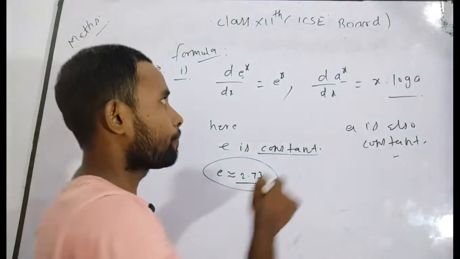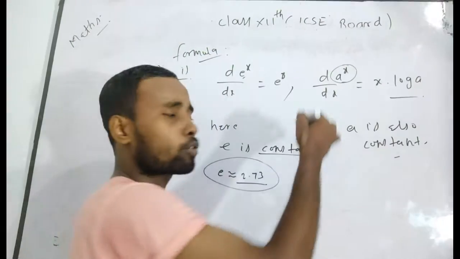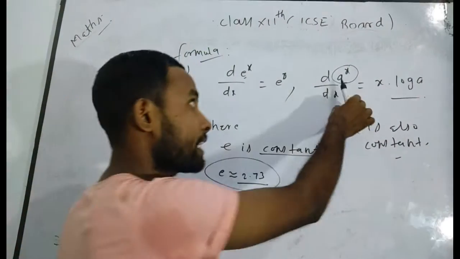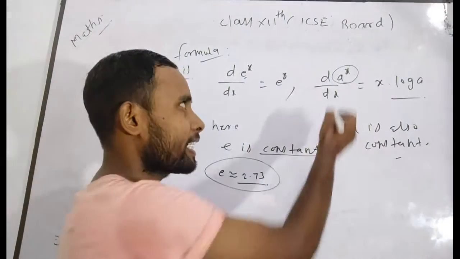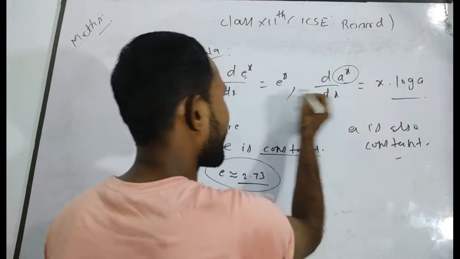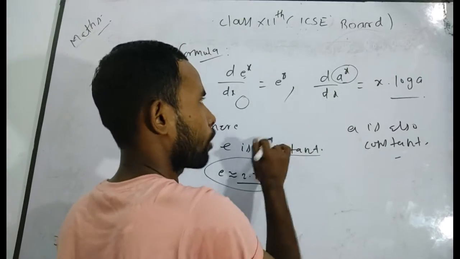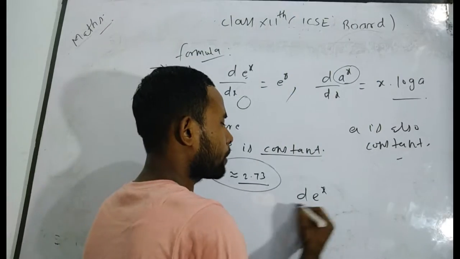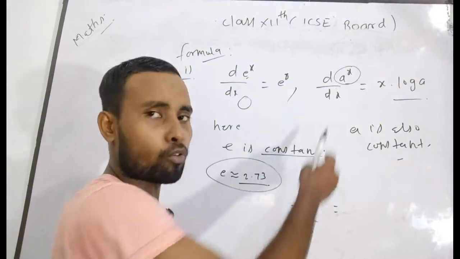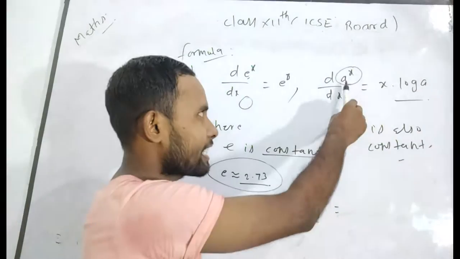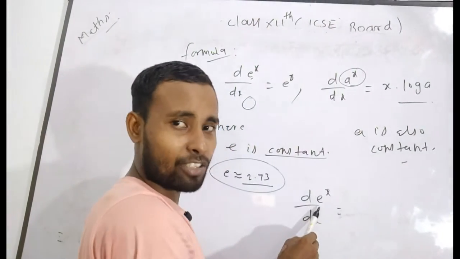In actual fact, there is only a single formula, a to the power x, and using it the other formula is obtained. How can you take it? Because a is a constant. Suppose I want to derive this formula using that formula. As you know, the derivative of e to the power x with respect to x follows that formula. Here a is a constant, and e is also a constant.